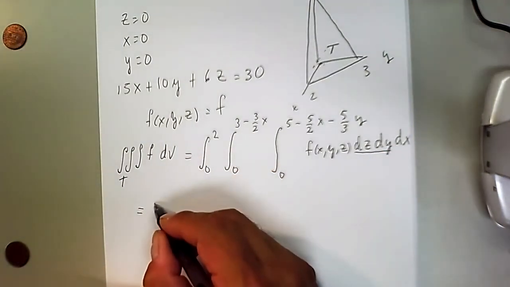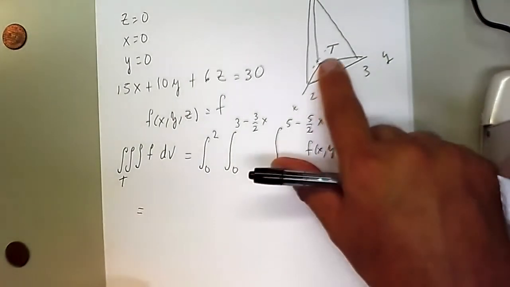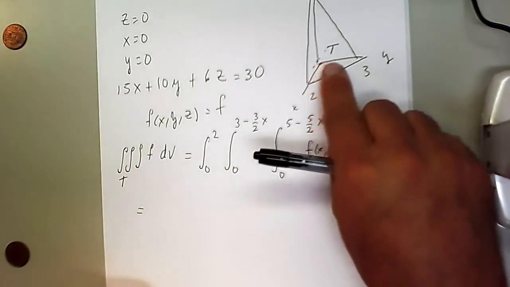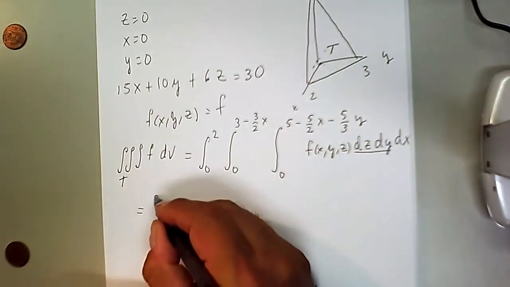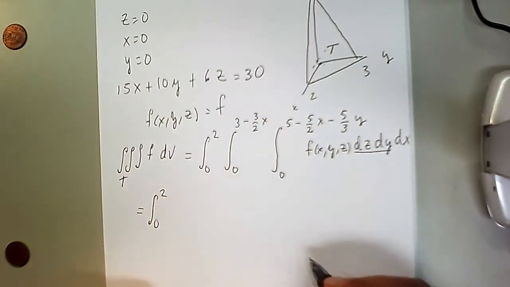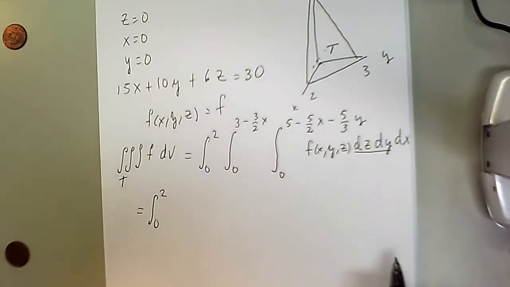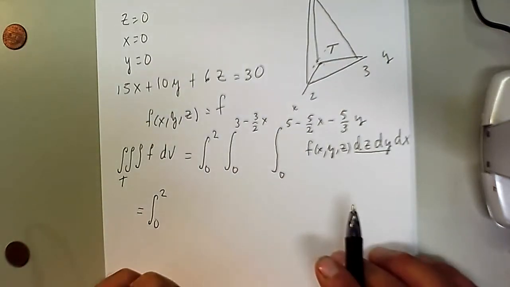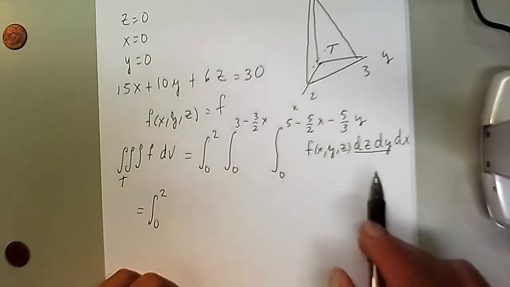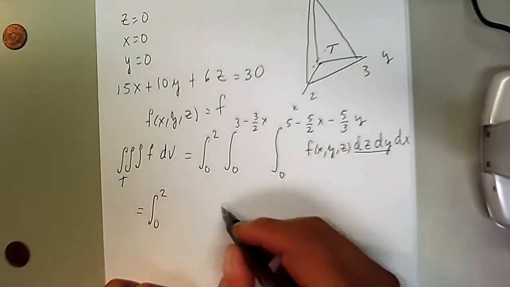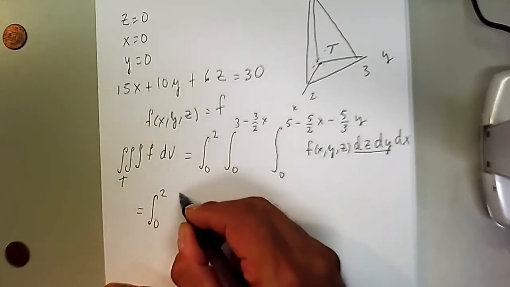So we're still going to integrate x from 0 to 2. X can only go from 0 to 2, so that is not going to change. But those 2 upper limits will change, so we have to analyze how we go about it. Let me write the second integral here.